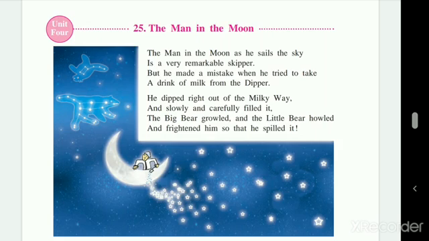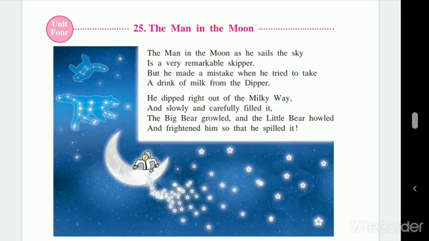The poet says that the man in the moon is a very unusual captain for his boat, which he sails in the sky. But one time he makes a mistake when he tries to take a drink of milk from the dipper.